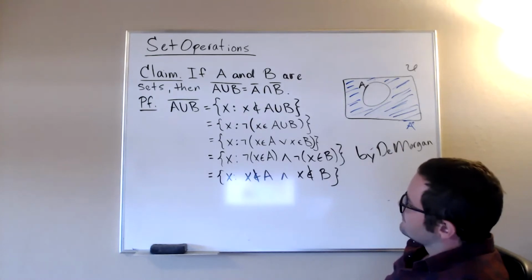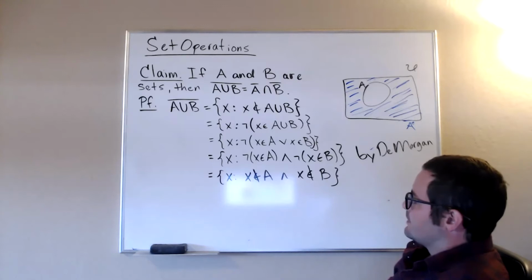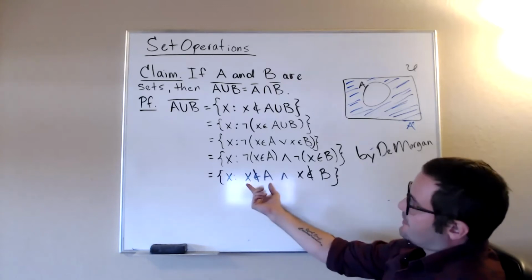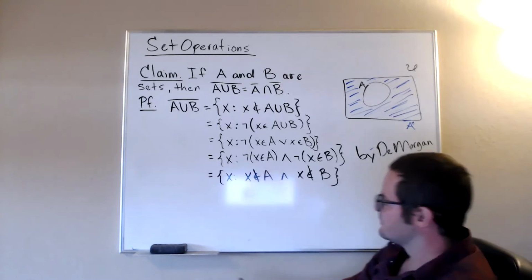But here, if x is not in A and x is not in B, well, if x is not in A, then x is in A complement, because you're either in A or A complement.